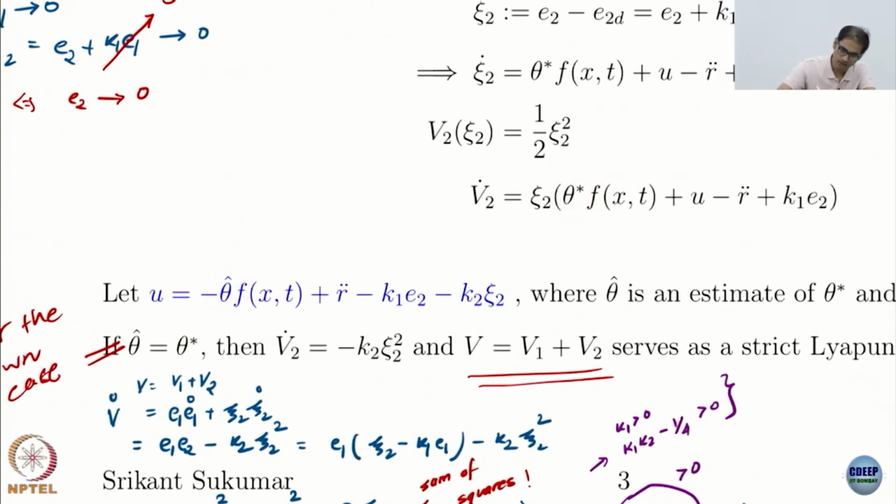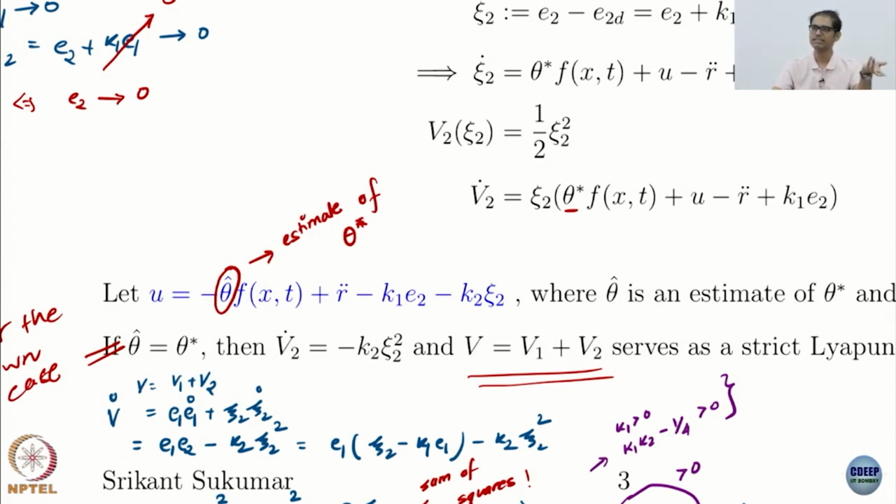This is the estimate of theta star. So basically we try to estimate theta star, because we don't know the value. So what's the best thing we can do? We try to get an estimate. This is what control folks do.